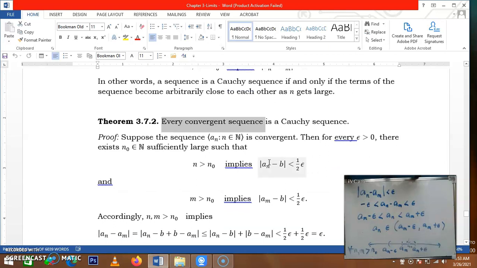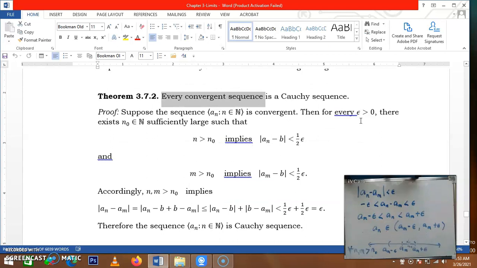Since in our assumption the sequence is convergent, then for every epsilon greater than 0, there exists a positive integer n sub 0, sufficiently large. This is from the definition of a convergent sequence, such that n greater than n sub 0 implies |a sub n minus b| is less than 1/2 epsilon.